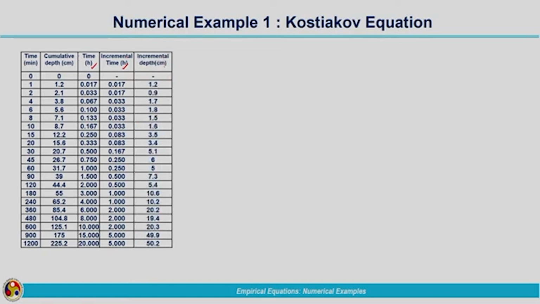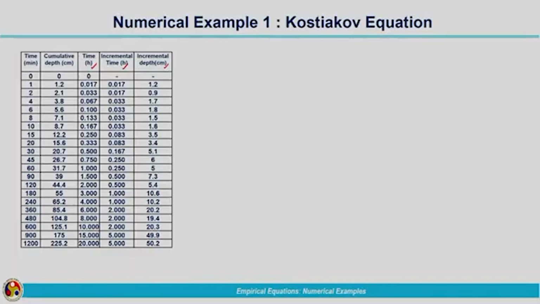Now, for incremental depth, you need to be very careful while solving the problem whether the cumulative infiltration depth or incremental depth is given to you. If the incremental depth is given to you, you can directly use that. In case the cumulative infiltration depth is given, we need to find out the incremental depth.